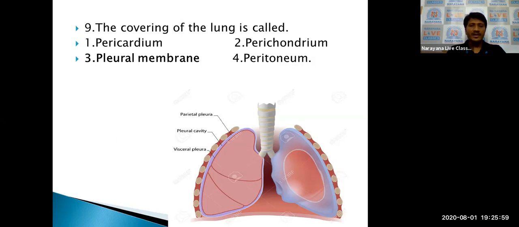The inner layer is in contact with the lung surface, and the outer layer is in contact with the thoracic lining. So there are two covers around the lungs, and that is what we call the pleural membrane.